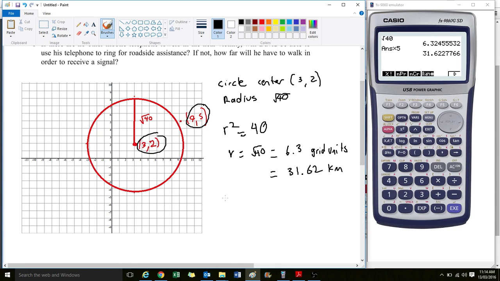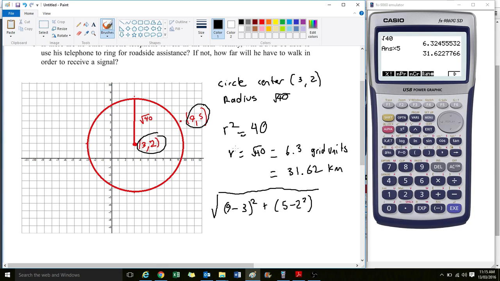We can just use the distance formula. That is the square root of (x2 − x1)², so (9 − 3)², plus (y2 − y1)², (5 − 2)², close the bracket, and square root that whole thing.